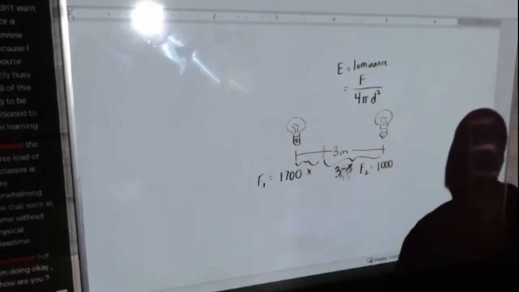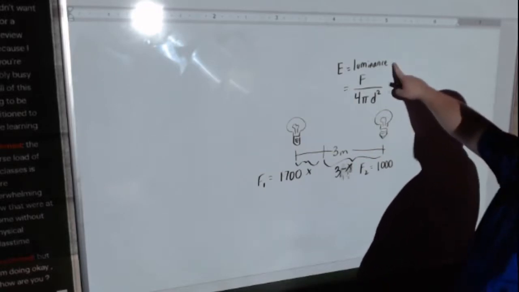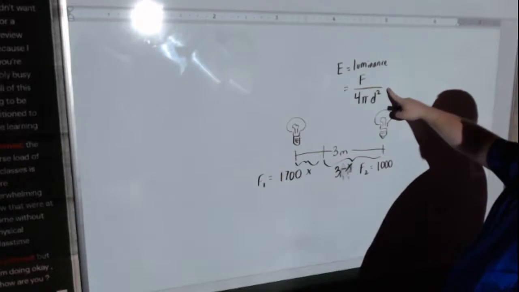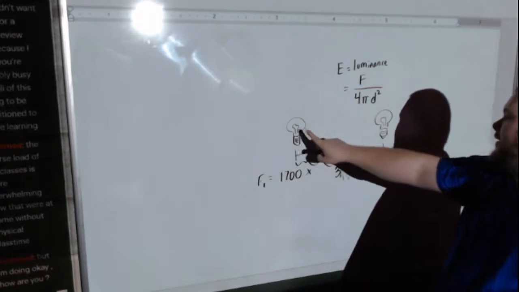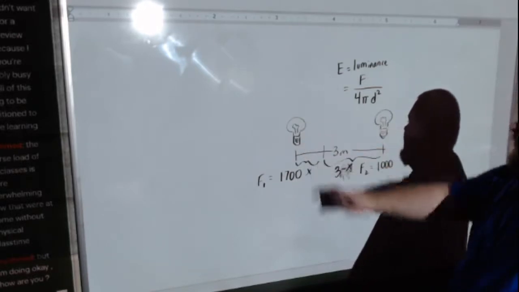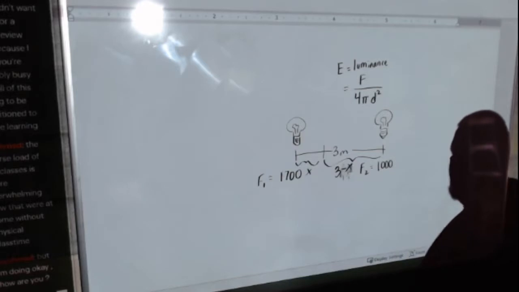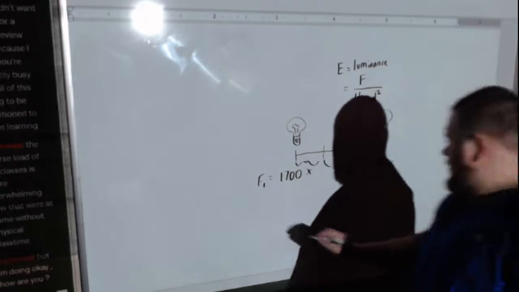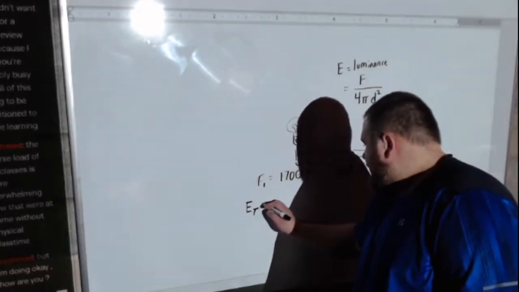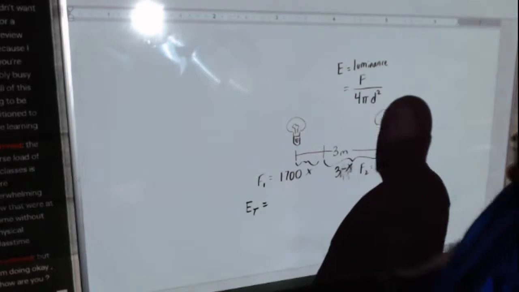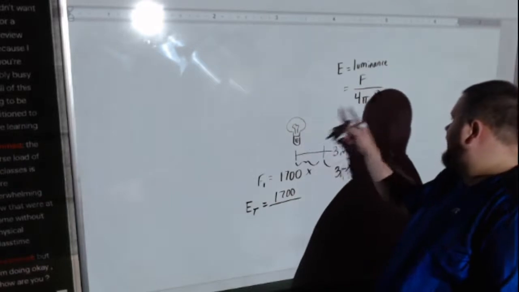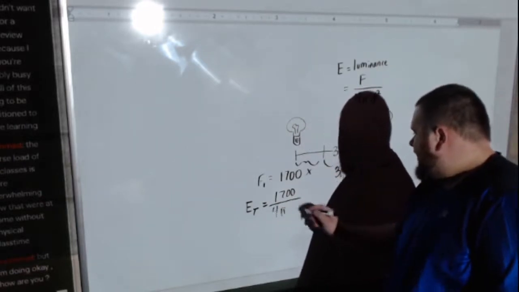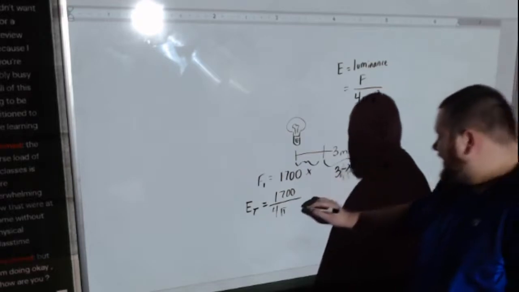And the nice thing about luminance is it just adds up. So the luminance of this bulb at that point plus the luminance of that bulb at that point will give us the total at that point. So E total is equal to, we've got 1700 for that bulb over 4 pi, and the distance is x.